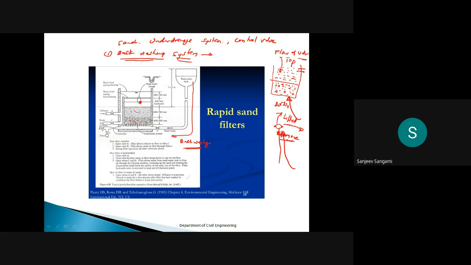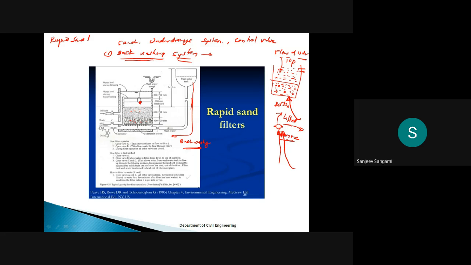We are using this water, and one tank will be provided only for backwashing purpose. The water will move from this direction to this direction. This is one major advantage in the rapid sand filtration process.